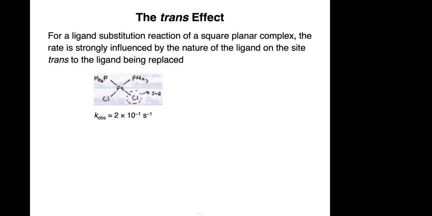And in this reaction, there's a rate constant of 2 times 10 to the minus 1. But if we compare that same rate under the same conditions, we get a rate constant for the trans complex, which is almost 5 orders of magnitude different.